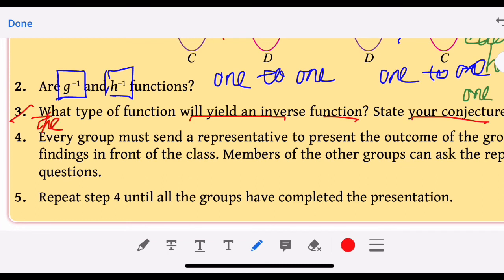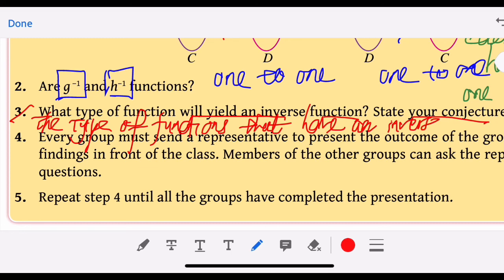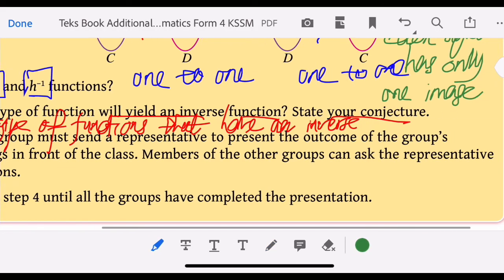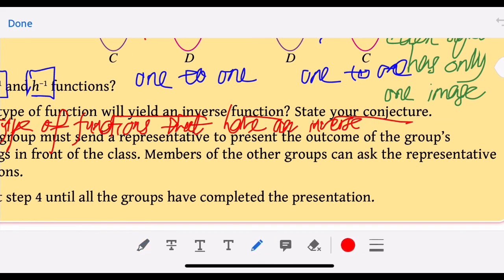The type of functions that have an inverse is a one-to-one function.